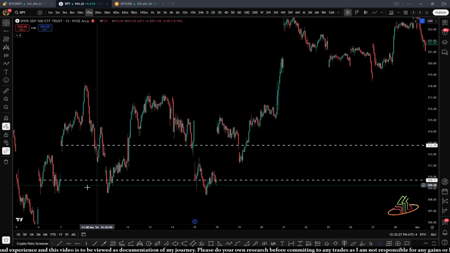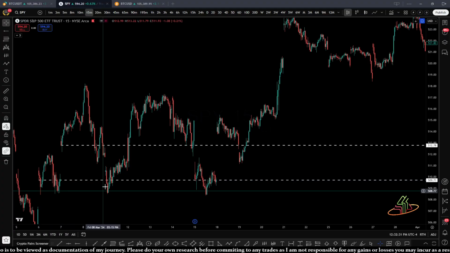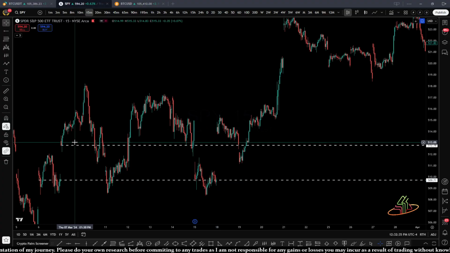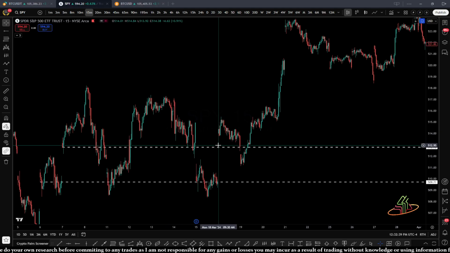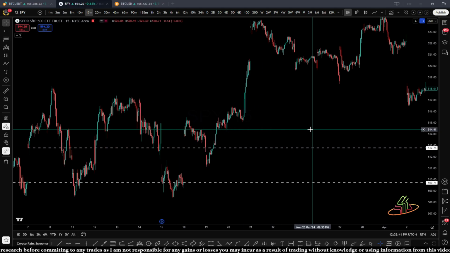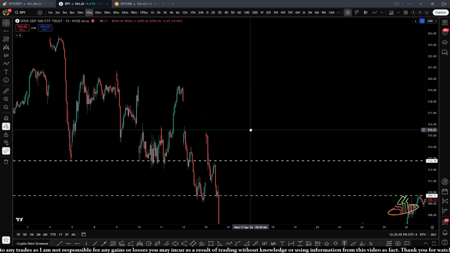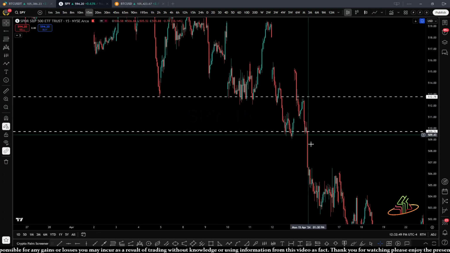Even though it broke it, we can see that it's sticking close to it. So it's basically using that support as a magnet, right? Same thing here. Same support really being used as a magnet where price just keeps reacting with it. Then we see later on down the line, price reacts with it again, right? And it's breaking down from it.